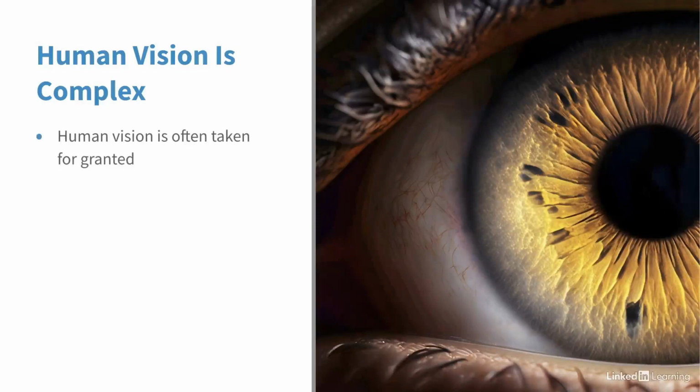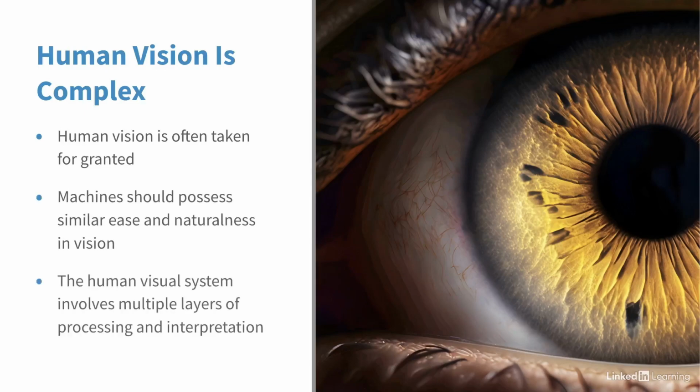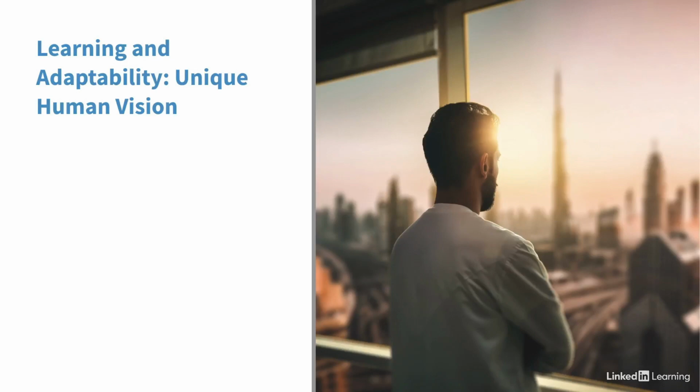We humans take our vision for granted. Something so easy and natural for us to do should be the same for machines. But our visual system is incredibly complex and involves multiple layers of processing and interpretation that have evolved over millions of years. A unique feature of our vision is the ability for our brains to quickly learn and adapt to new visual stimuli.